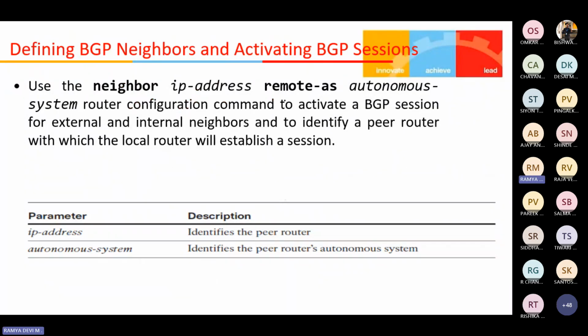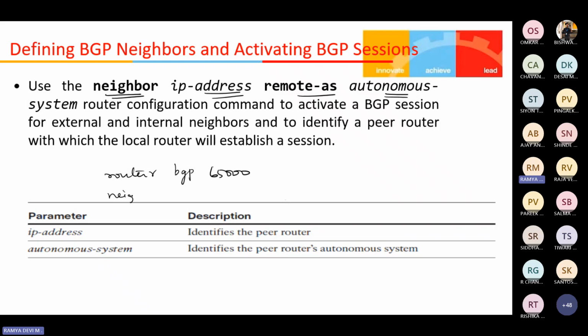So how to define the BGP neighbors? The neighbors can be defined with the help of the neighbor command. Neighbor, IP address, remote-as, autonomous system number. This way you can activate the BGP session. The IP address will define the neighbor router's IP address. For example, router BGP 65000.